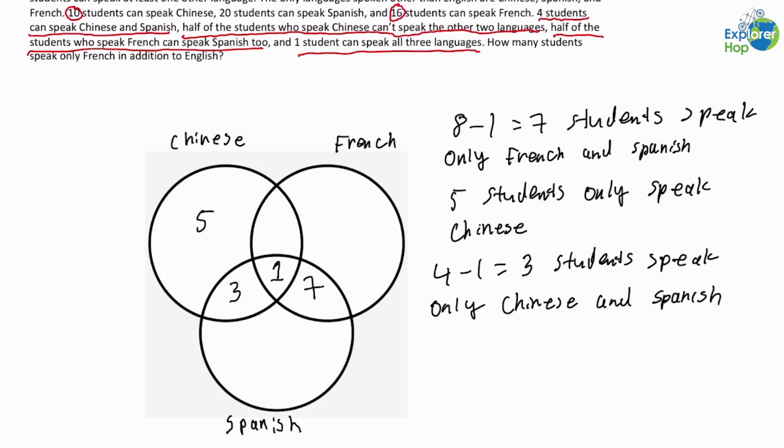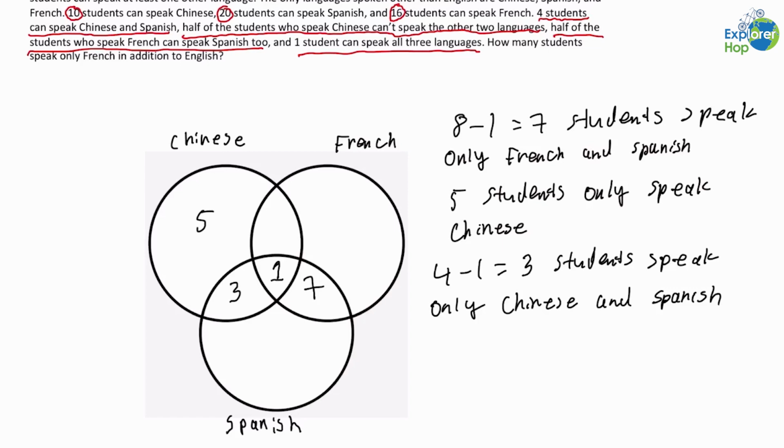So from here, we can now find the number of students that only speak Spanish, in addition to English, by taking the total number of Spanish speakers, which is 20, and subtracting the number of students who speak Spanish as well as other languages.